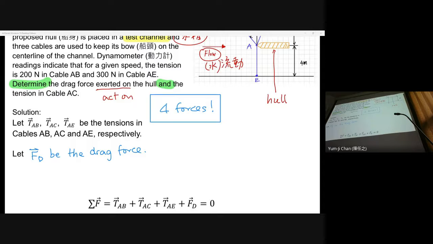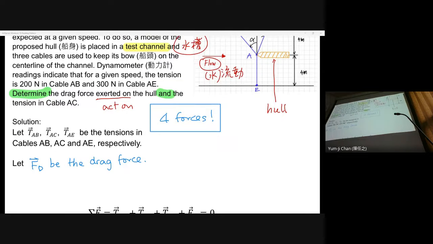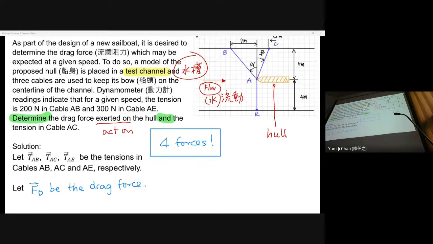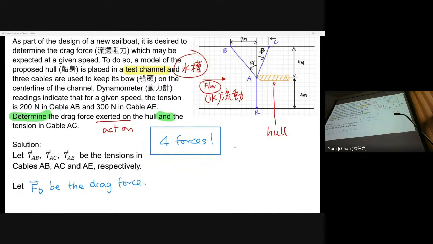What should we do next? Okay, we have the symbols, and remember in this problem we are working with summation F equal to 0. So what do we need before calculations? Free-body diagram. Okay. The free-body diagram cannot be drawn here. It must be drawn separately. I will write FBD.